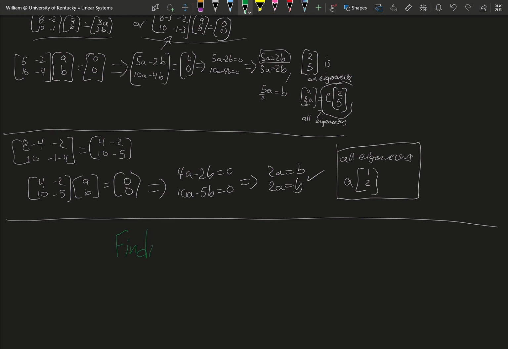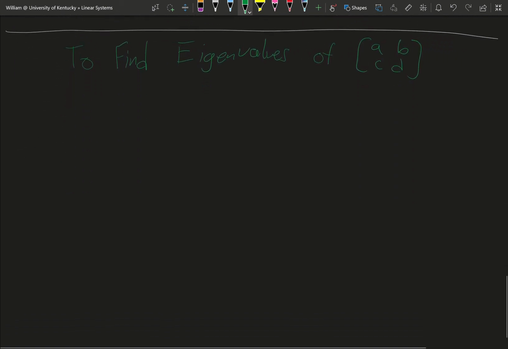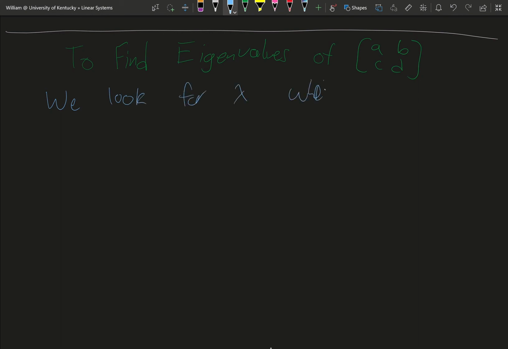To find eigenvalues of the matrix (A, B, C, D), we look for lambda which makes the determinant of this equal to 0.